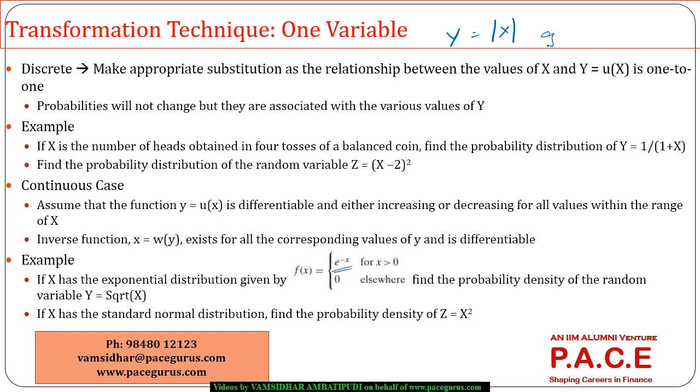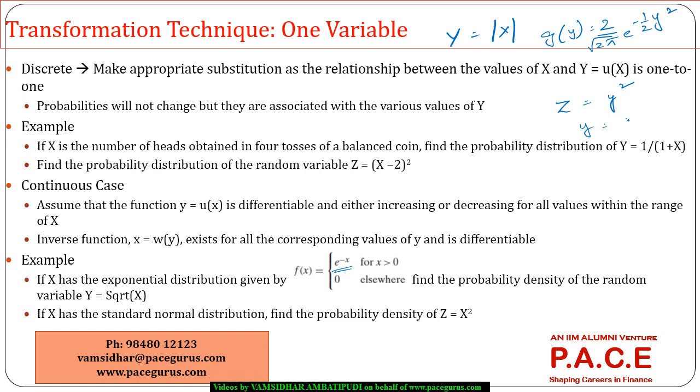I can get my g of y as 2 by square root of 2 pi e to the power of minus half y squared. This is what we have got as the density function earlier. Then I can take z equal to y squared. And if I take z equal to y squared here, I can very well find the inverse of it.